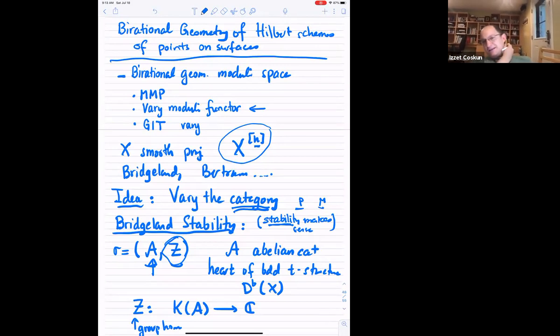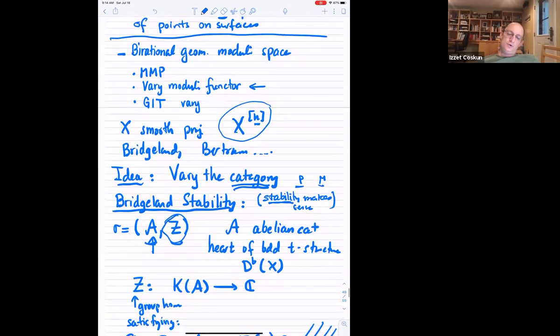If you start with something like the Hilbert scheme of points, it's not at all obvious what it means to vary the moduli functor. And the idea coming from Bridgeland and Aaron Bertram and company was that we could maybe vary the underlying category, and Bridgeland stability allows you to do that.